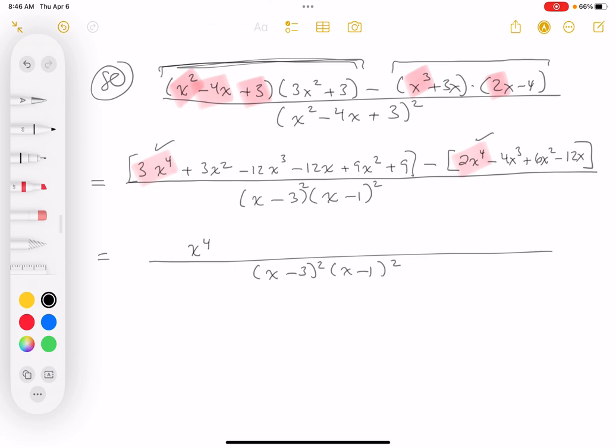The next thing I want to go to is the cubic terms. I'm going to look around for those, and I see that right there. So what do I see over there? Minus 12 minus a minus 4, which is minus 8 x cubed. I'm going to clip that off, say that's done.